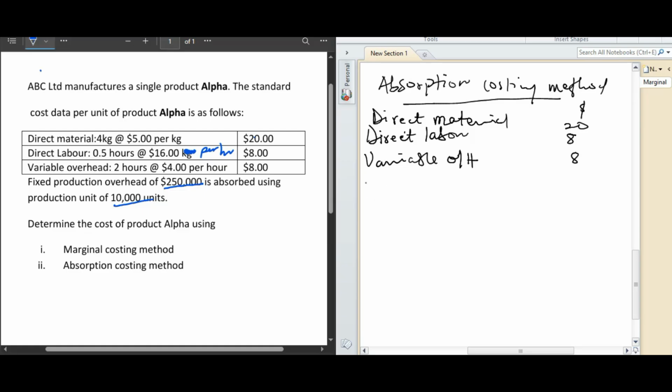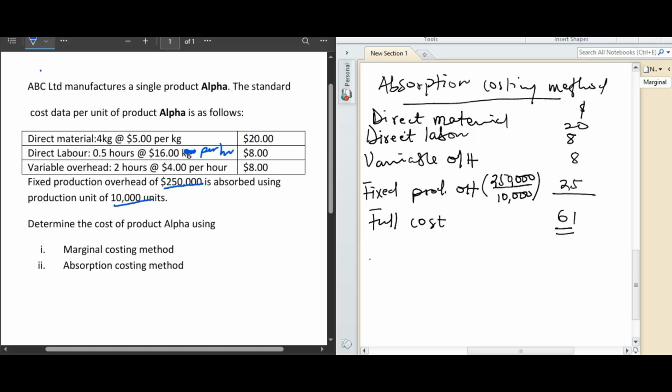Then what will be our fixed production overhead? It should be 250,000 divided by 10,000, and that will give me 25. So if I add, the full cost will be $61.